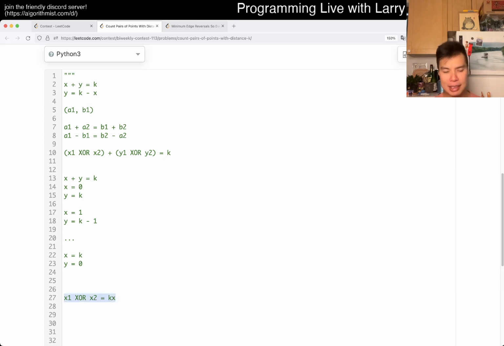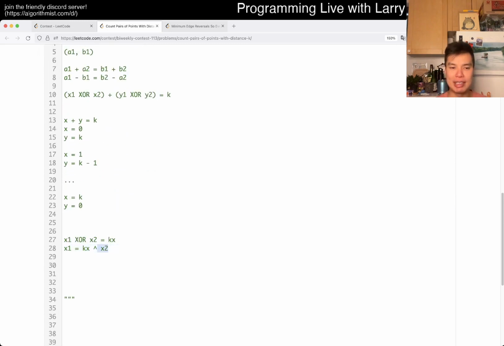So let's say we have this formula, and now we have this number and we have this number, so now we only have one unknown in this formula, which is x1. We're given x2 because that's the current progression. So now we move the x2 to the other side, and x1 is equal to k sub x XOR x2, right?